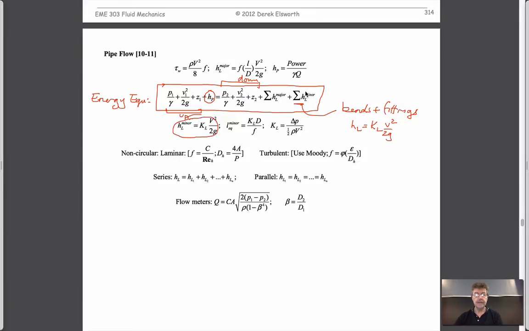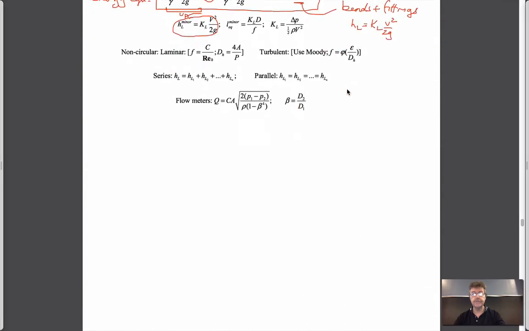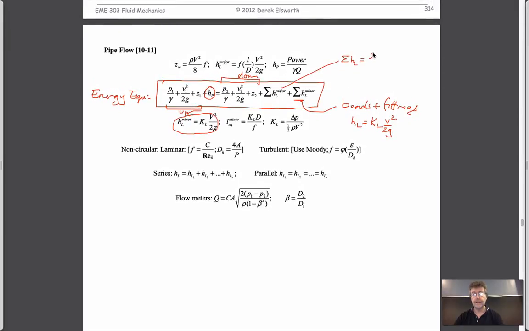And the major losses are, in some cases, which we've just said is, was it length over diameter or diameter over length? Length over diameter, right? Sorry. Length over diameter, F, and V squared over 2g. So F is referred to as a friction factor.